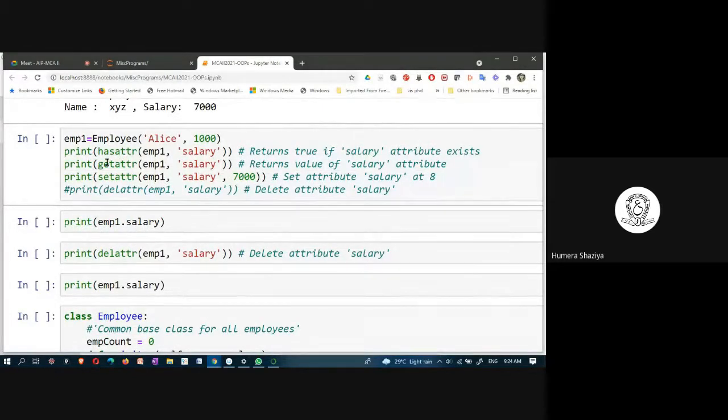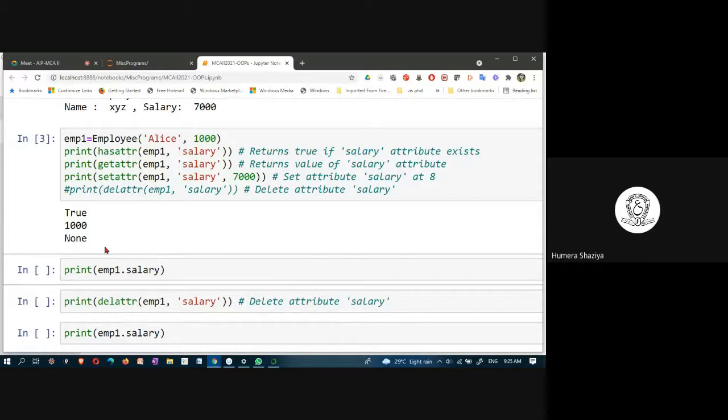This one is creating an employee with name and salary, and calling these attributes, or in fact they are functions: hasattr, getattr, setattr, special functions. So hasattr: is salary defined for emp1? Yes, true. getattr returns the value for the salary belonging to emp1, which is 1000.